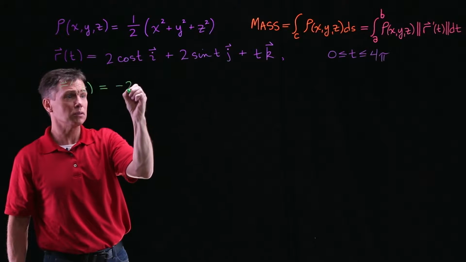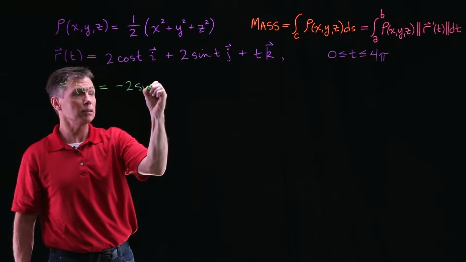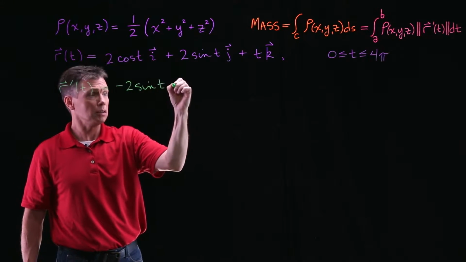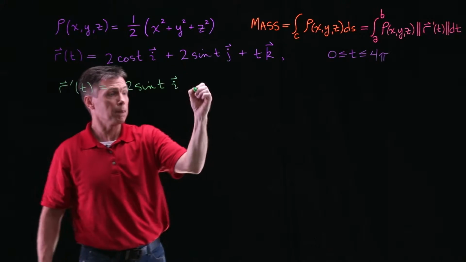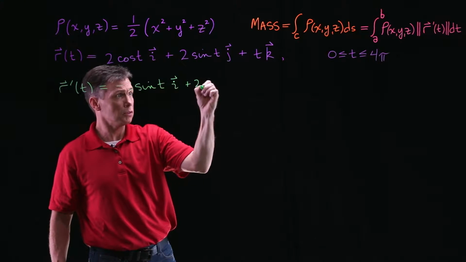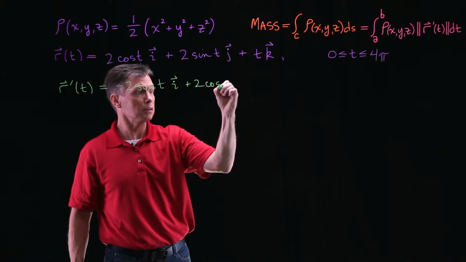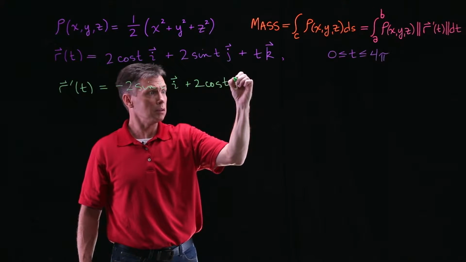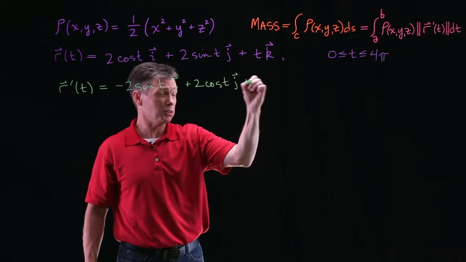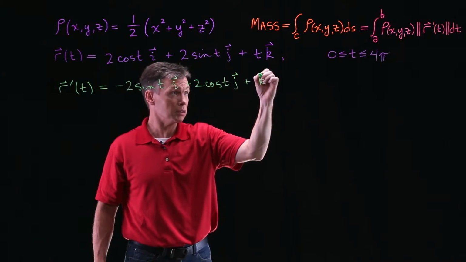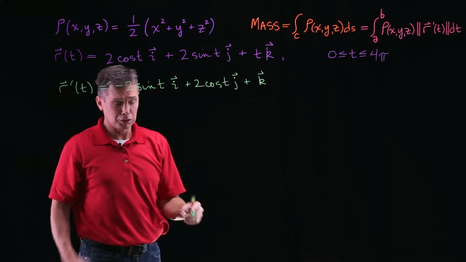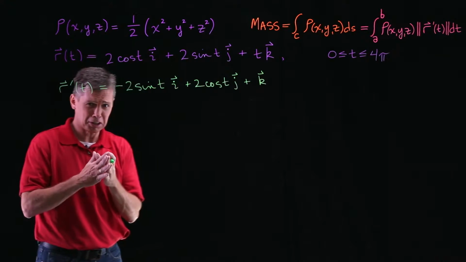So minus 2 sine of t times the i vector plus 2 cosine of t j vector plus 1 times the k vector. Okay, that's good. Get some partial credit for your differentiation.